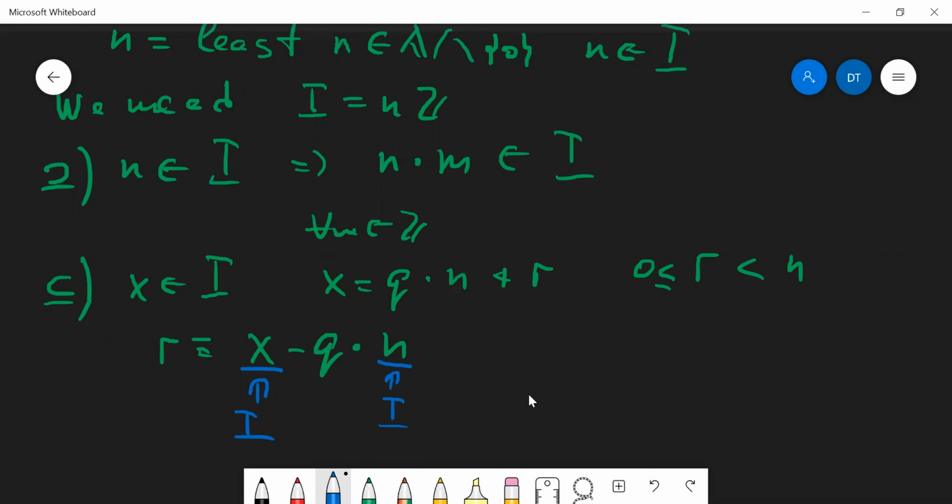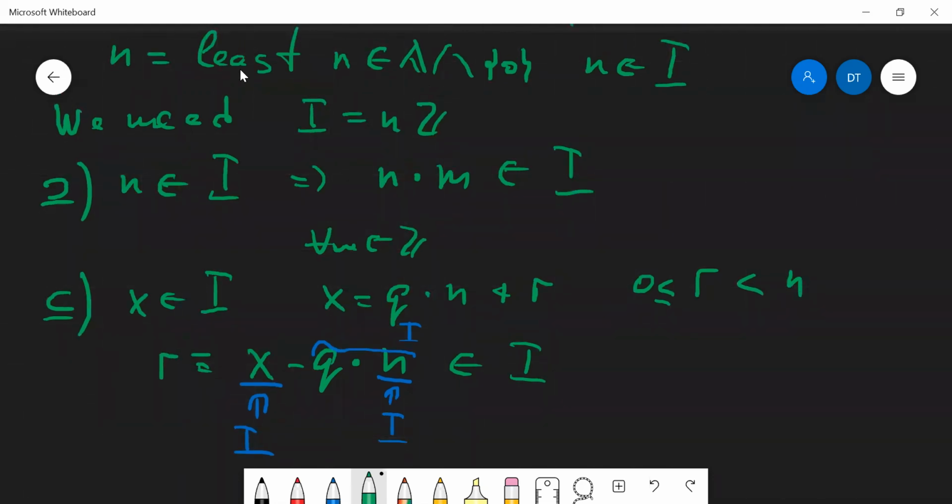By definition of the ideal, q times n is also inside the ideal I. And since I is an abelian subgroup, x minus this product is also inside the ideal I. So the result here must be inside I. But now, you see, r must be something between 0 and n. It could be 0, but it cannot be n.